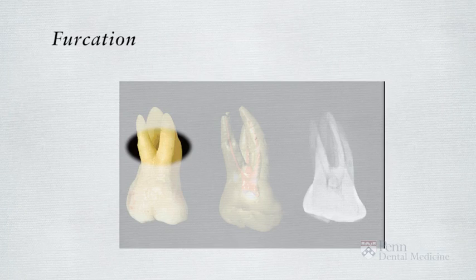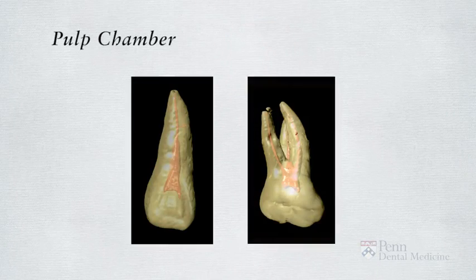In healthy dentition, this furcation is completely embedded in the bone. However, during periodontal disease, when there is bone loss, the furcation becomes exposed to saliva and bacteria and can often lead to formation of abscess and other infection. When this happens, this condition is known as furcation involvement.